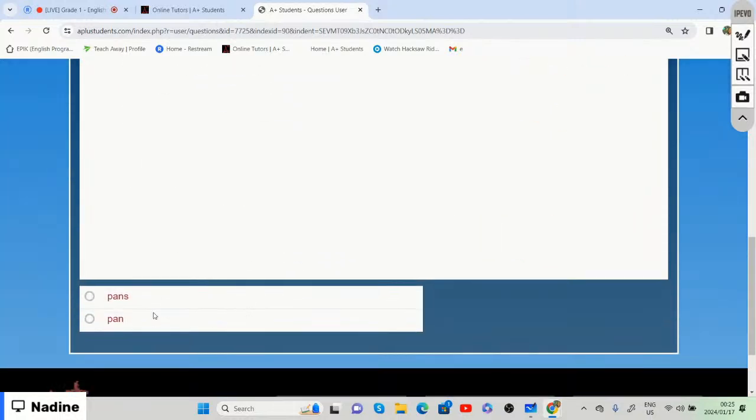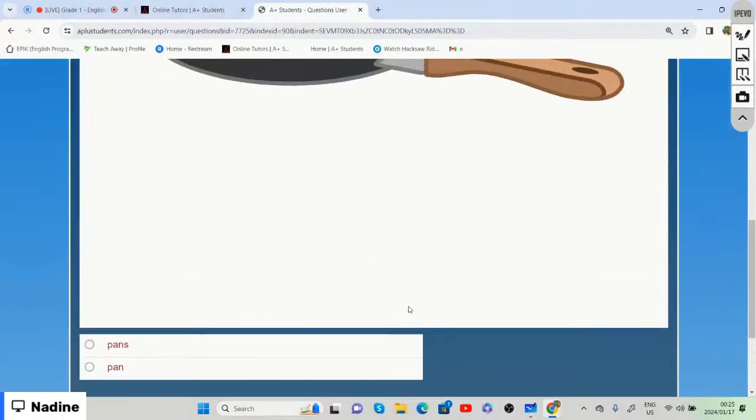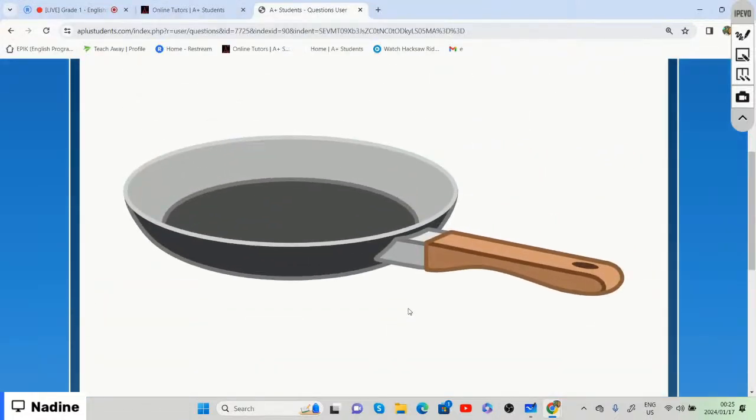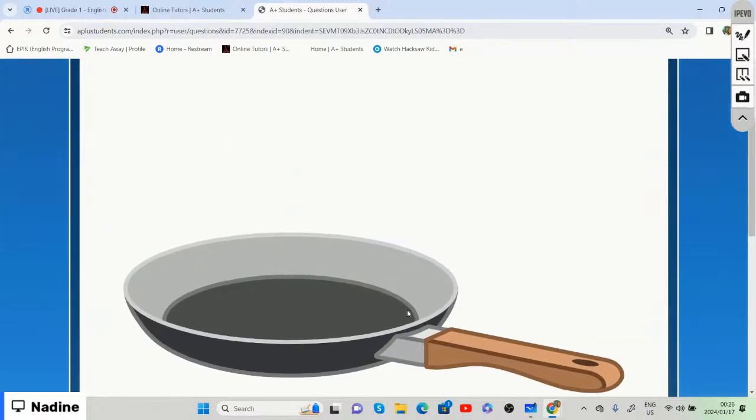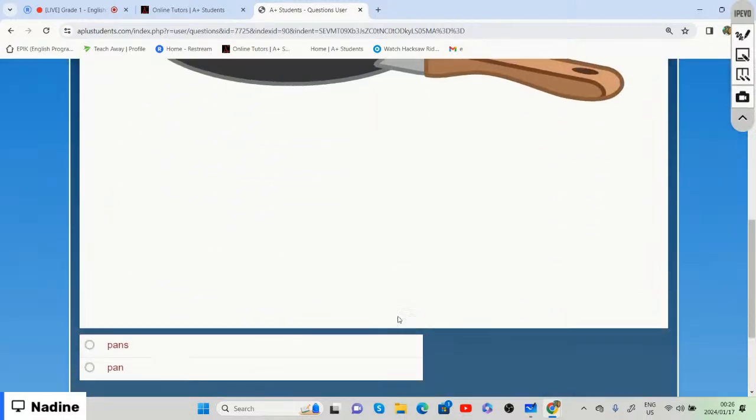Here we have another thing, right, where we fry our eggs in. Are we going to say there's one pans with a double S or one pan? So since it's only one, we are going to say it is a pan.